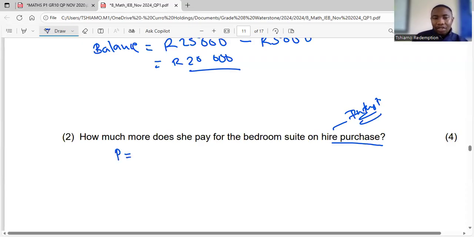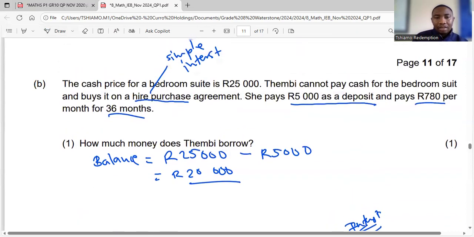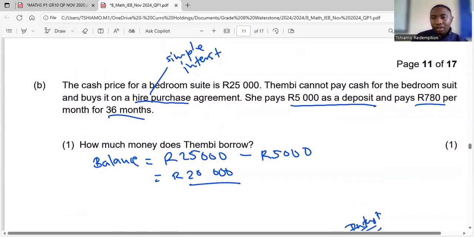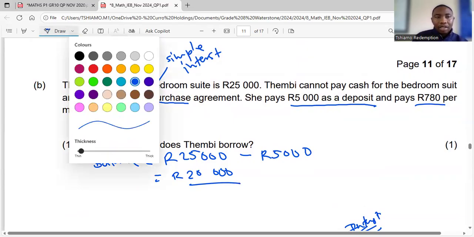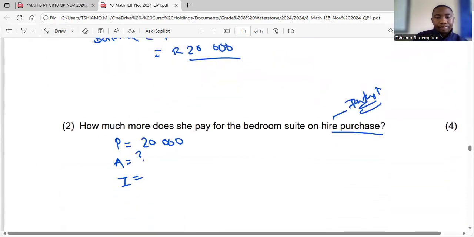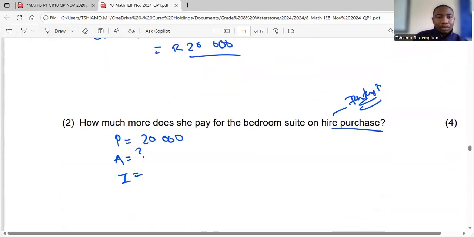Presently, how much is this person owing? 20,000. And then A is what we're looking for. The interest, are we given the interest? Oh, okay, no. Actually, there's no need for us to do the PIN, because we don't have the interest.